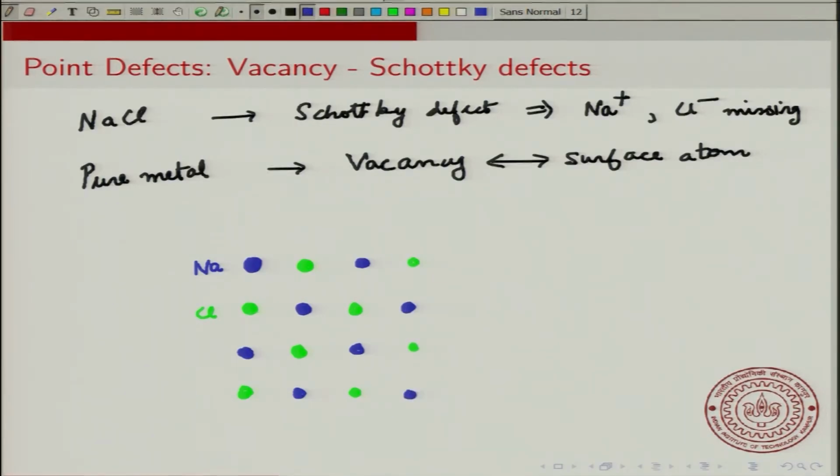Now, if you had some atom that is missing, say for example, if this sodium is missing and some chlorine, let me show it somewhere else, that is missing a little far away.